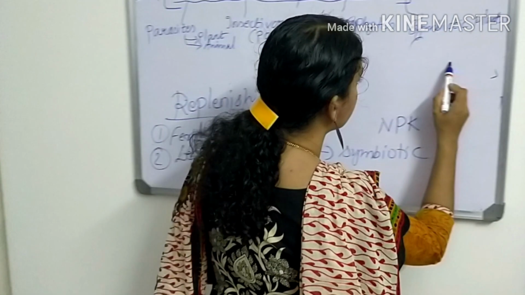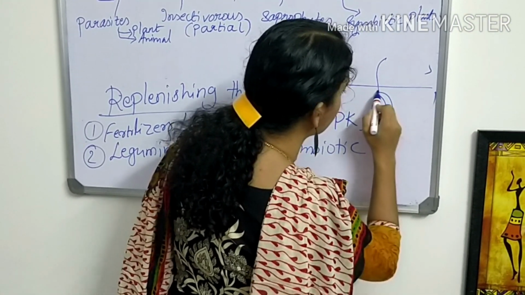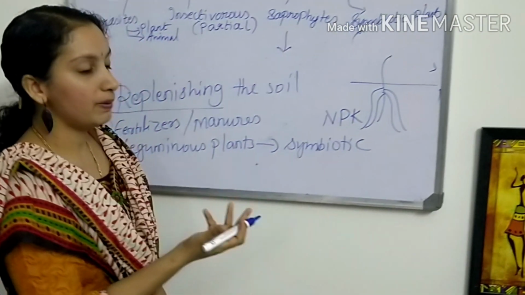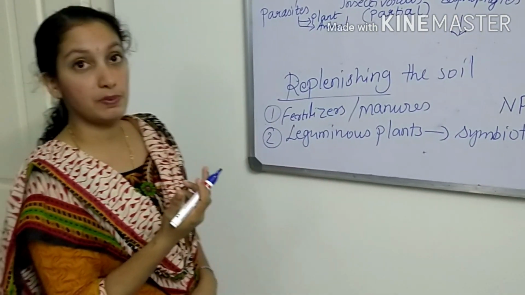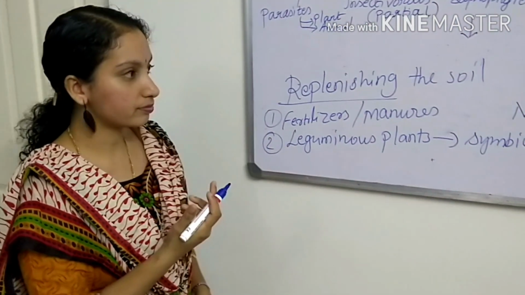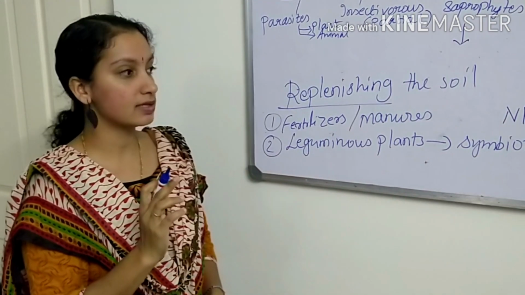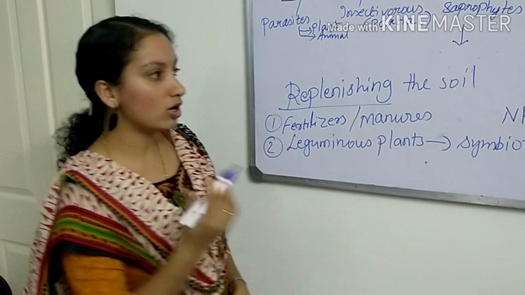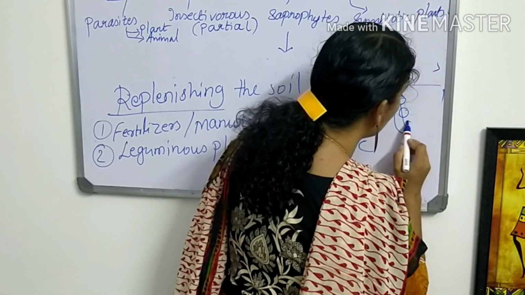So leguminous plants, the structure will be like this. The root will be looking like this. The plants like peas, then we have green peas, we have different types of legume plants like pulses. All these have a special type of roots with big nodules.